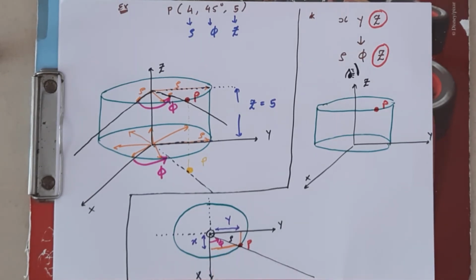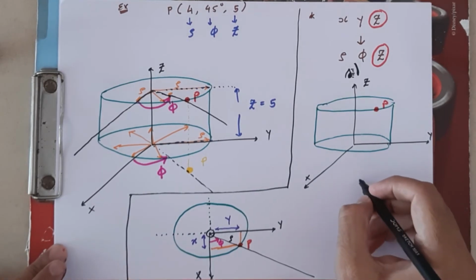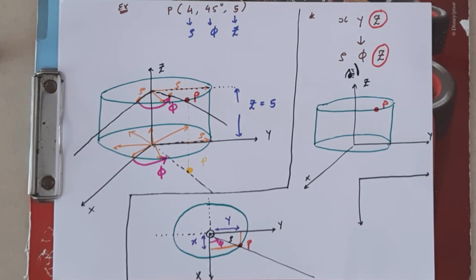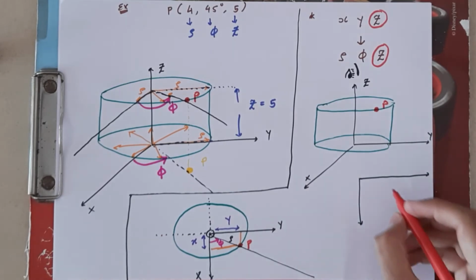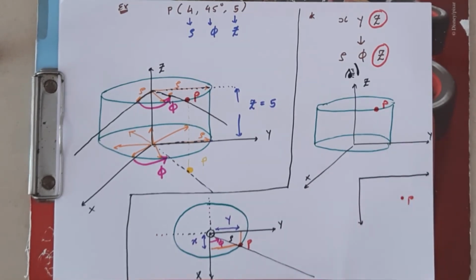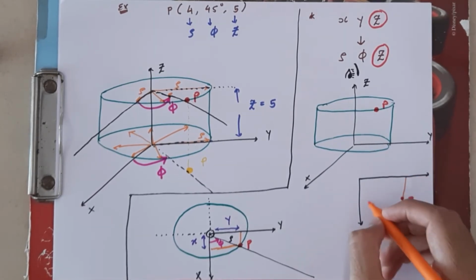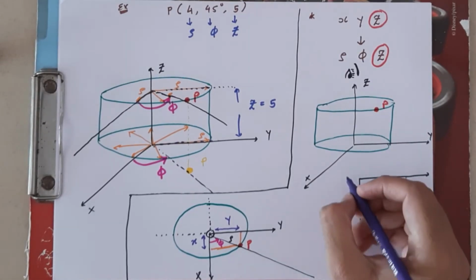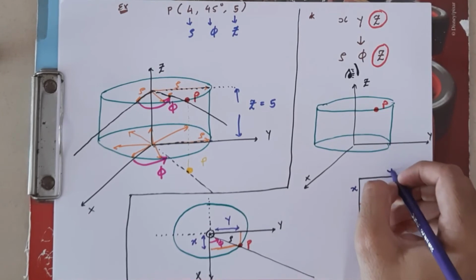Which trigonometric concept do we apply here? Simple, it's just sine theta and cos theta. I have to draw this figure again. This is my x-axis, here is the y-axis. This is the location of my point P. The point covers some distance in the x direction and some distance in the y direction, so this distance is x and this distance is y.